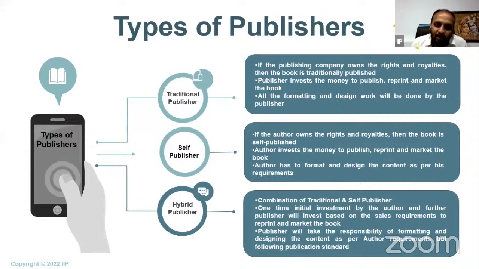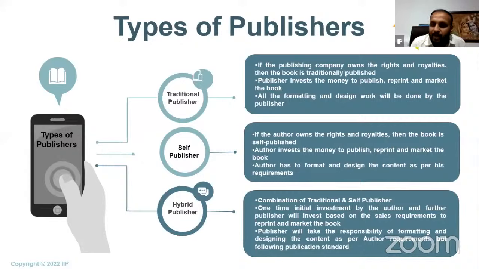The new thing is the hybrid publisher. It is a combination of traditional publisher and self-publisher. Here, the complete legal rights will be with the author, and all the publication formalities and marketing will be handled by the publisher.